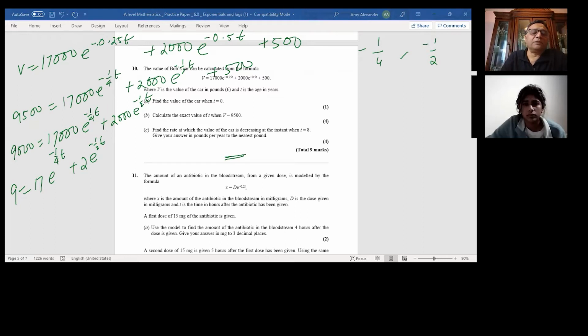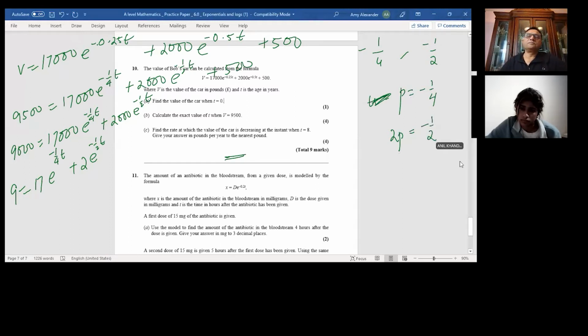This is the square of that, but with a negative term. So if I let p equal minus 1 over 4, then 2p will be minus half. Is that clear? If I write p as minus 1 over 4, 2 times p will be minus half. Is that clear? Right. Yeah.